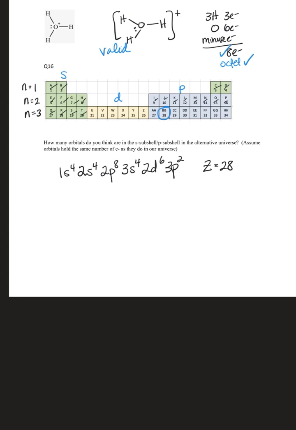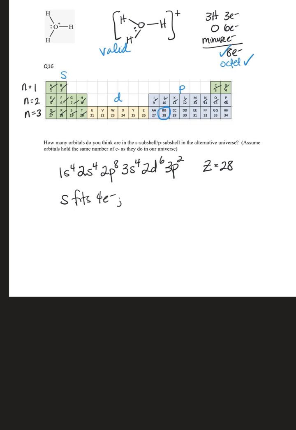Now, some people were able to do this, but got messed up by the next question, which is how many orbitals do you think are in the S subshell or P subshell in the alternate universe? So let's take the S first. What we can see is the S fits 4 electrons. And in the problem, I told you that orbitals hold the same number of electrons.